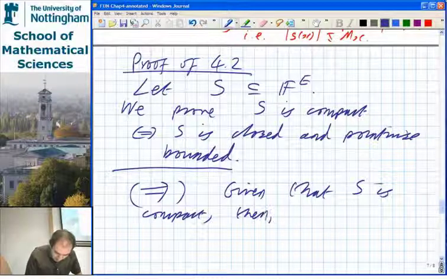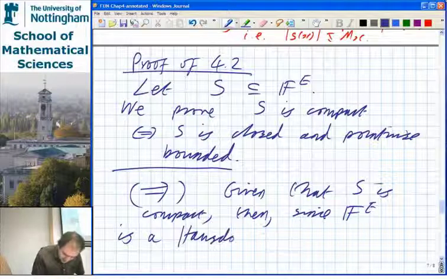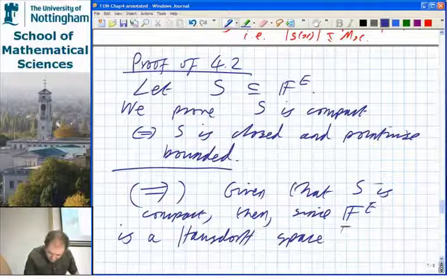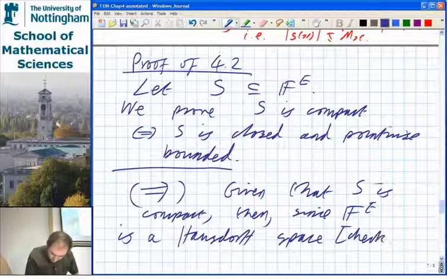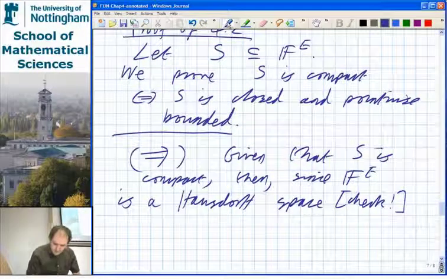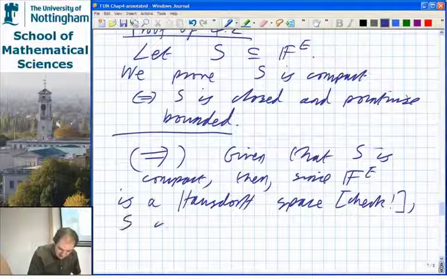Then, since F to the E is a Hausdorff space, which you can check, it's a product of Hausdorff spaces, and a product of Hausdorff spaces is always Hausdorff. S is a compact subset of a Hausdorff space, hence closed.